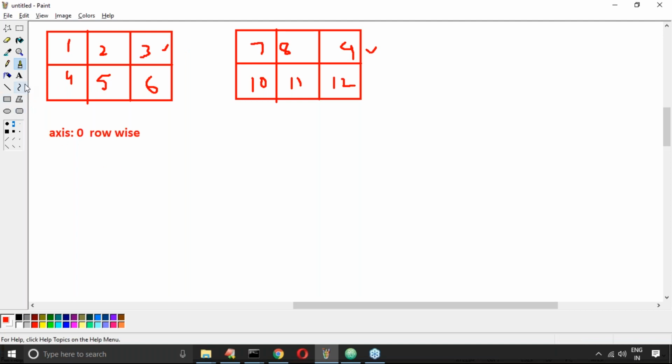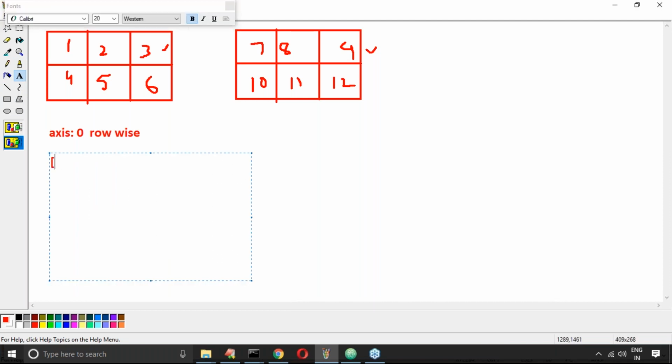Now 1, 2, 3, 7, 8, 9 is the first 2D array. The first one is 1, 2, 3, and the second one is 7, 8, 9. So the first 2D array is completed.